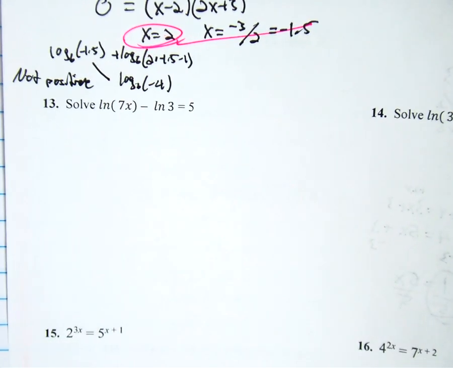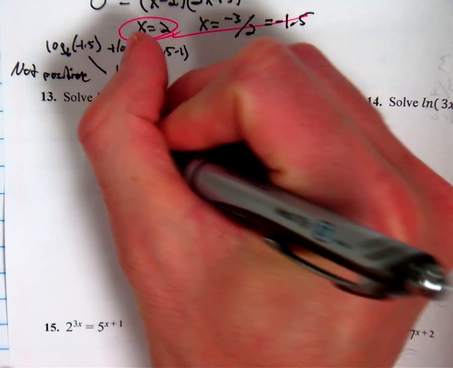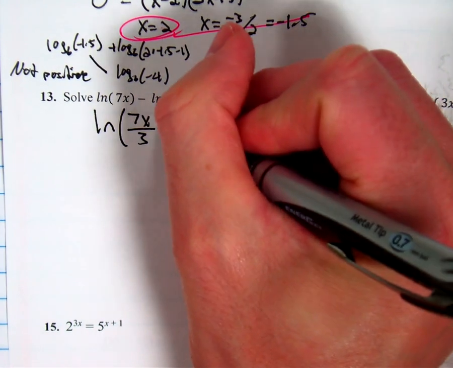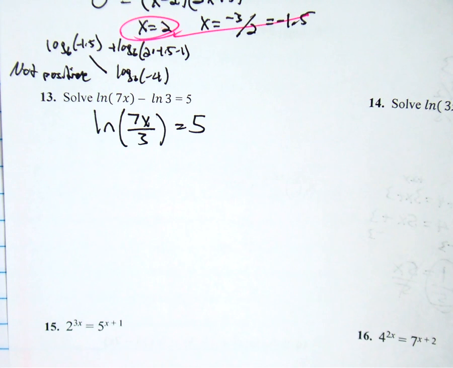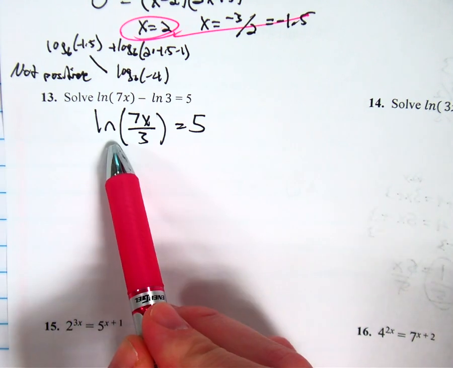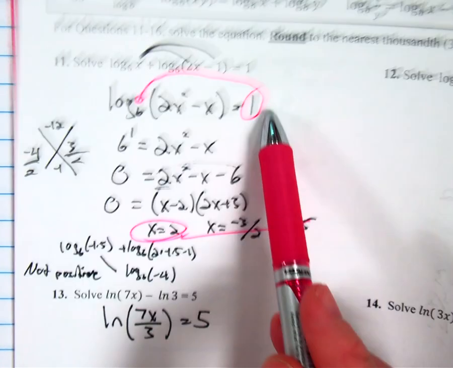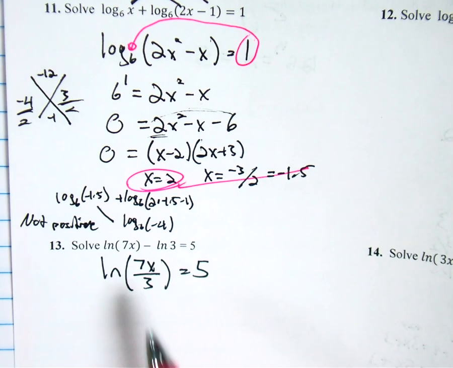Natural log of 7x minus natural log of 3 equals 5. Okay, natural logs are still logs, so we can put them together with our log properties. Minus goes back together with division. Natural log is technically log base e, so 5 is the power of e that equals that.